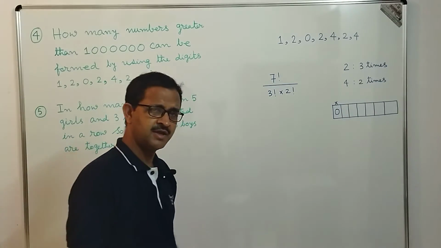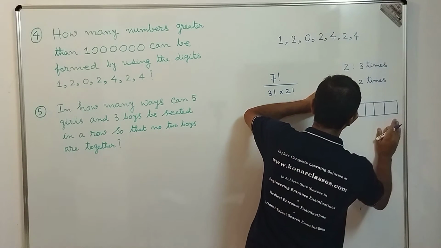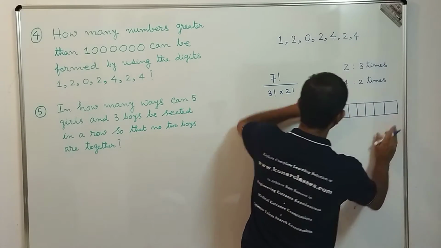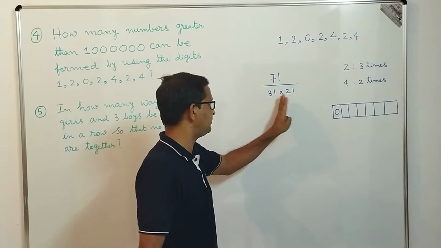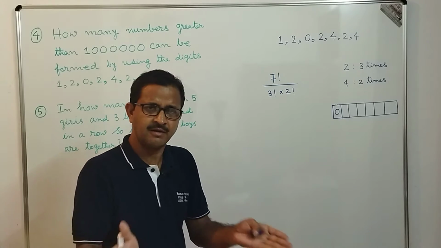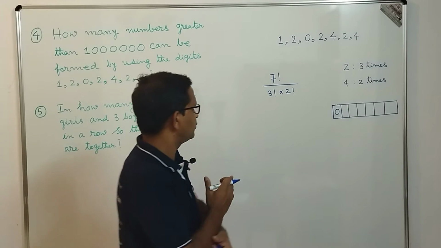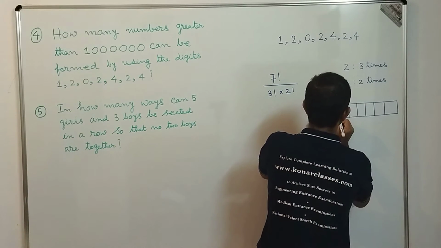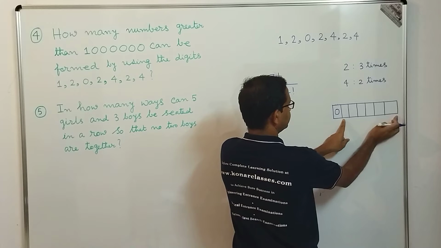Now tell me, if we find all the possible arrangements in which the number starts with 0, then we can subtract those from this, and you will get the number of arrangements of these digits not starting with 0, correct? So if we fix this as 0, how many digits are remaining? 6 digits are remaining.